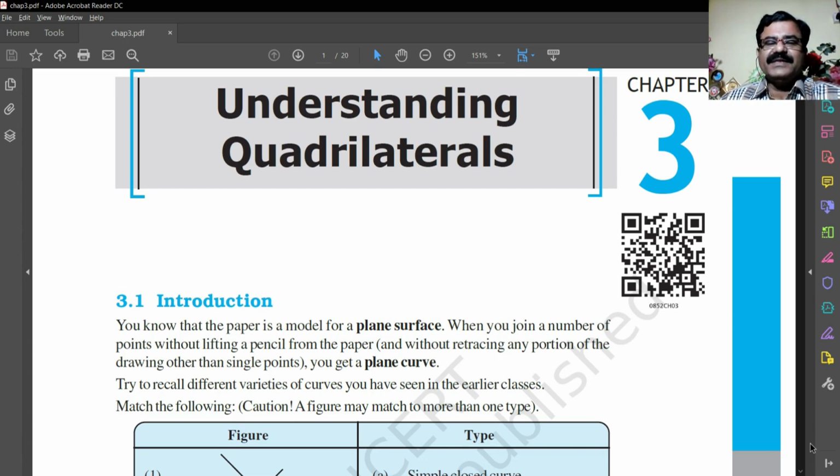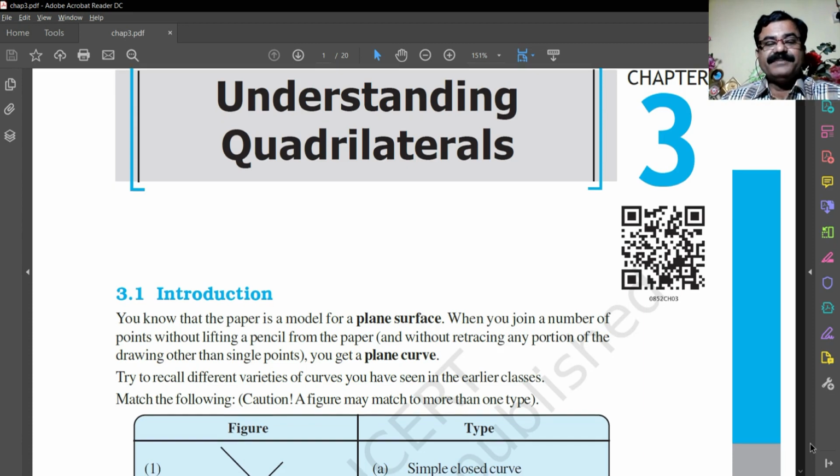If you join a number of points without lifting a pencil from the paper and without retracing any portion of the drawing other than single points, we get plane curves, and the surfaces are called plane surfaces.